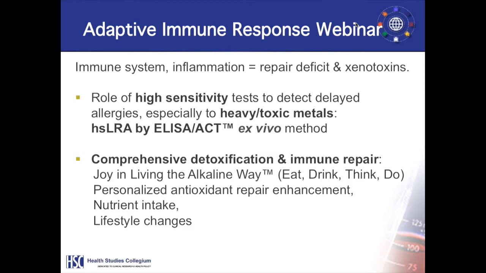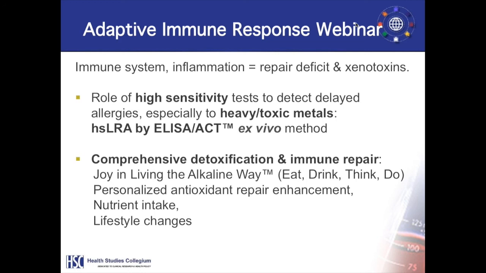And here we have our last question for this sequence. The immune system is responsible for inflammation, which is really repair deficit. And xenotoxins, environmental toxins that can be haptens, small molecules that can distort the body's shape and render it foreign to itself, all have to be taken into account.